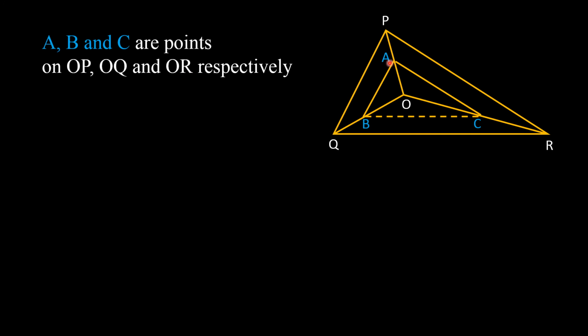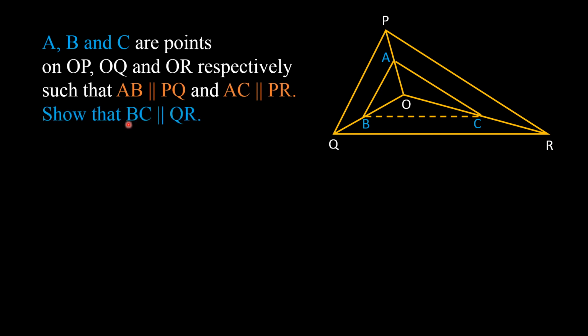That is, A is on OP, B is on OQ and C is on OR, such that AB is parallel to PQ and AC is parallel to PR. And we have to show that BC is parallel to QR.